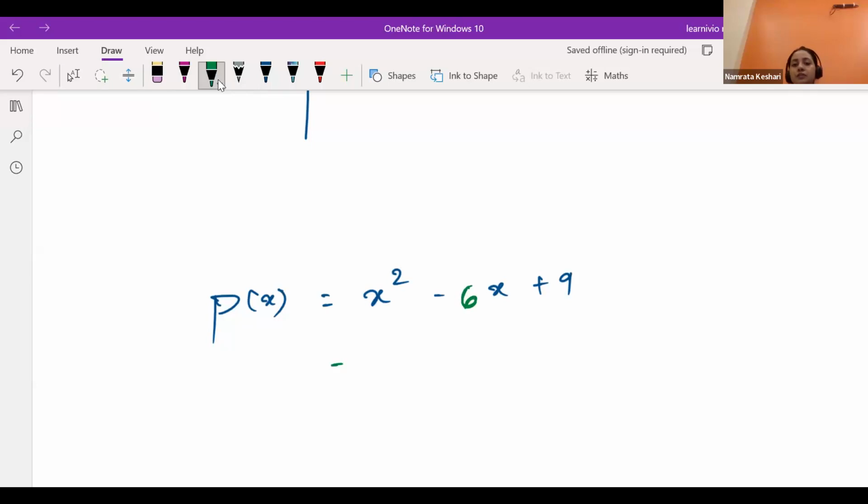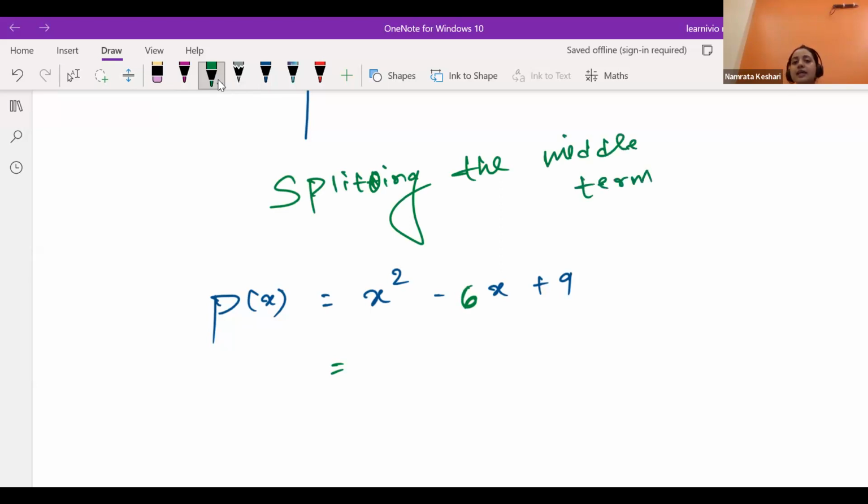If we try splitting the middle term, it is known to all of you. Raise your hand if splitting the middle term is not known to you. Raise your hand if you don't know what splitting the middle term is, because it is that important. If this concept is not known to you, please raise your hand.